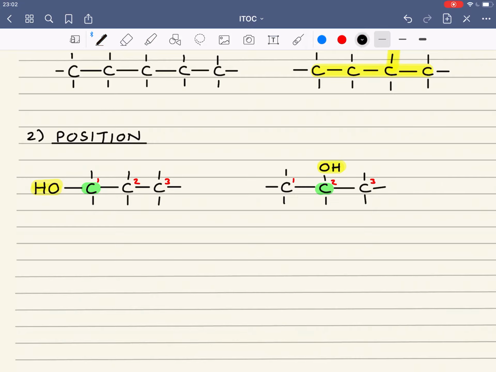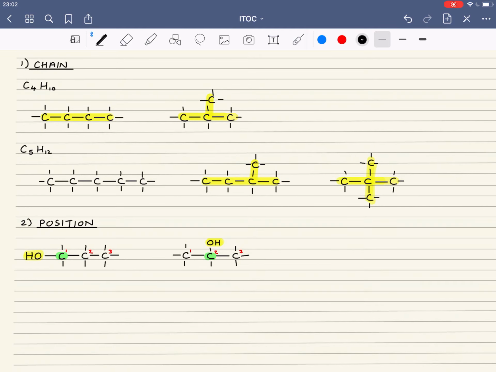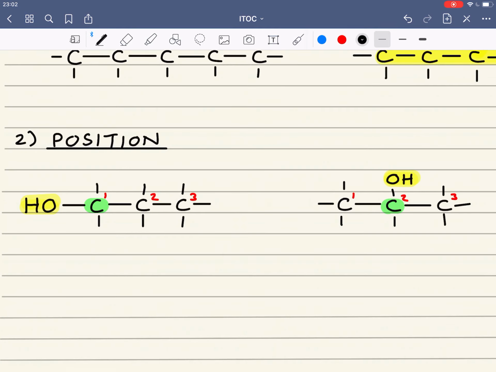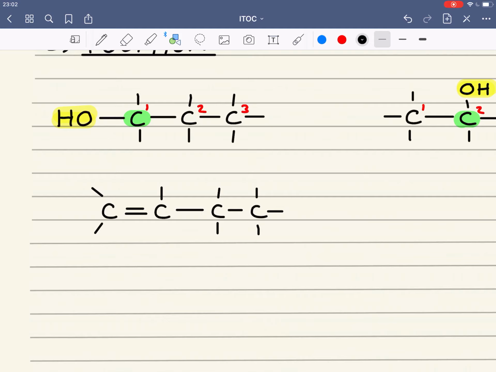Now, I'm going to ask a question which will hopefully encompass both chain and position isomers. If I've got but-1-ene, I'm going to draw the structure of but-1-ene. Could we draw a position and a chain isomer of but-1-ene?